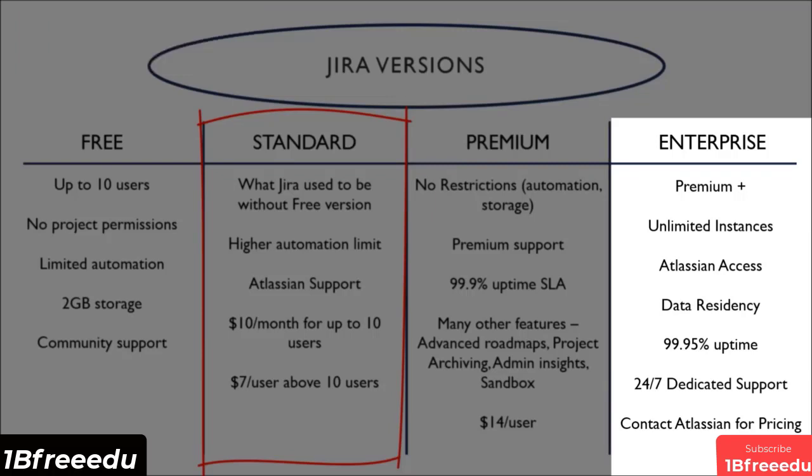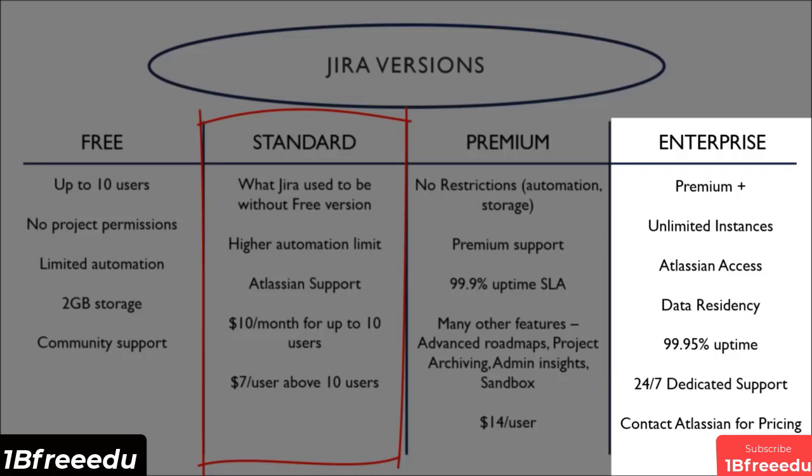And now, there's actually an enterprise version of Jira Cloud as well, which is basically everything you get with Premium plus more. And the subtle difference here is that you can have unlimited instances of Jira within your organization. You get Atlassian Access, which is for centralizing administration and user management. You can choose where your data is hosted in terms of geographical location, 99.95% uptime, 24/7 dedicated support, all that jazz.